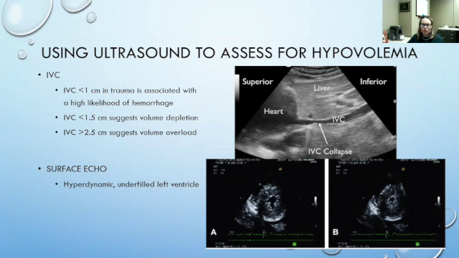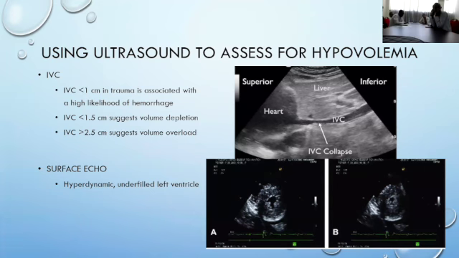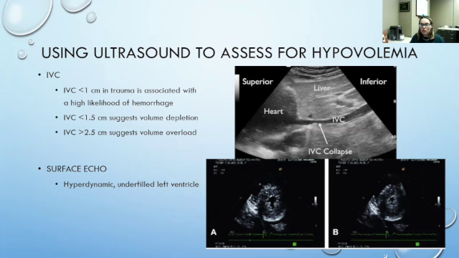It's pseudo hypertrophied because the patient is so volume down that there's nothing to fill up the left ventricle. Any TTE view, either this parasternal short view or an apical 4 chamber view, will show that if you have a left ventricle where the walls are coming together every time the heart beats, that to me says that patient needs some fluid.